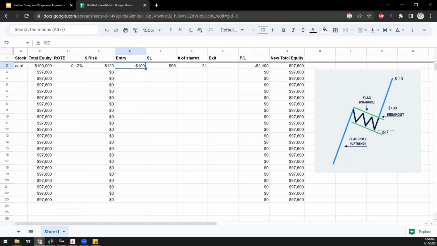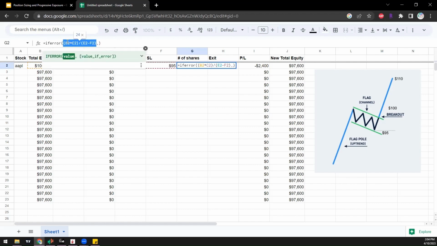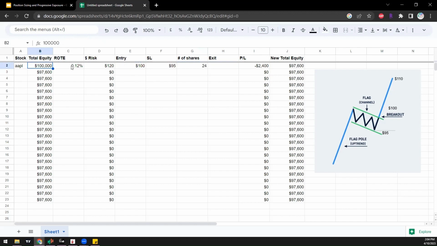Now, once I know at what price I want to buy a trade and what price I want to put my stop loss at, it's very easy for me to calculate the number of shares. We're simply going to use this formula. So it's your total equity multiplied by the risk of total equity, which is $120 in this case, divided by your entry price minus your stop loss price.